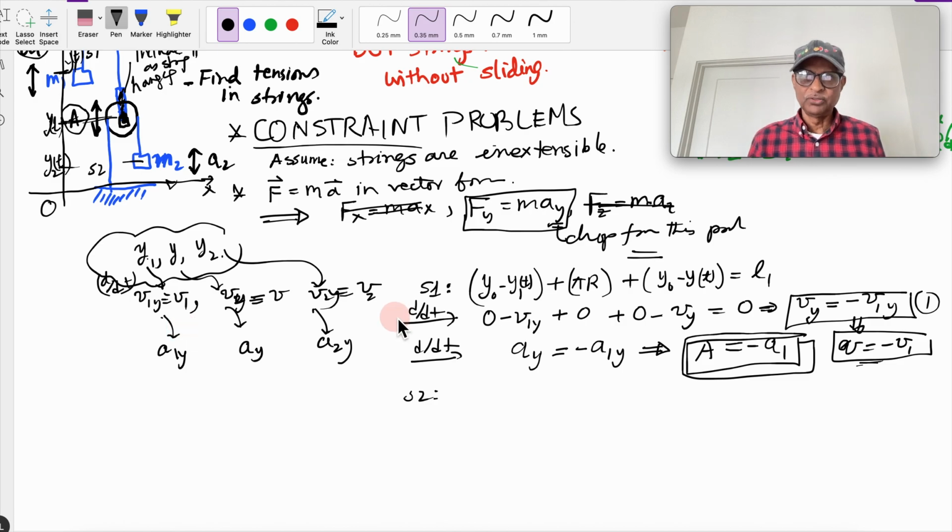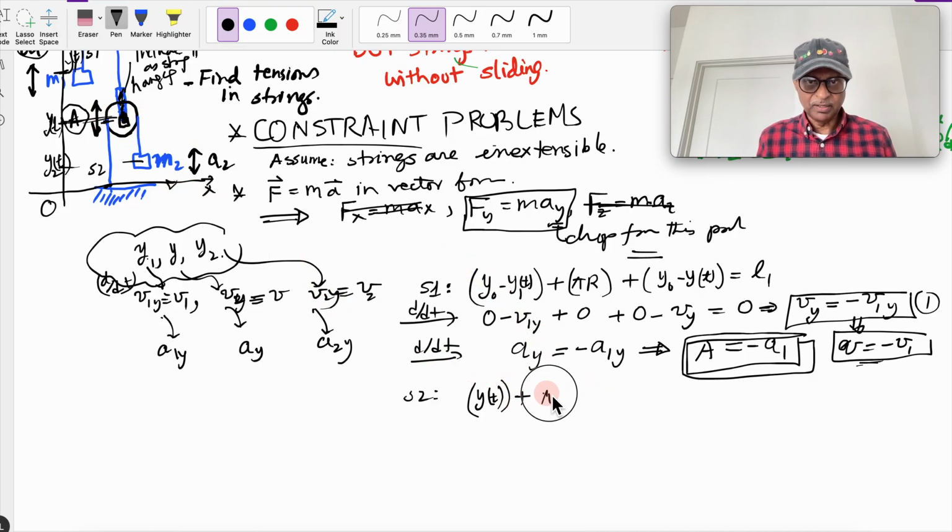Okay, so I'm going to continue with string 2. This is the string all the way here. So this part is going to be from here up to here. That's just y of t. Plus I'm going around this pi r.